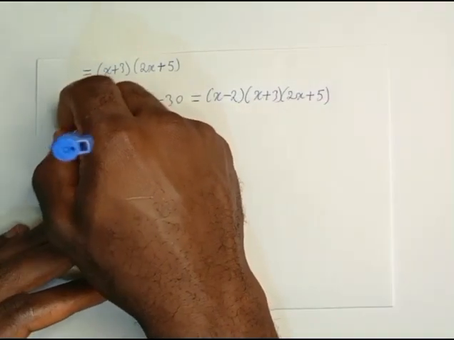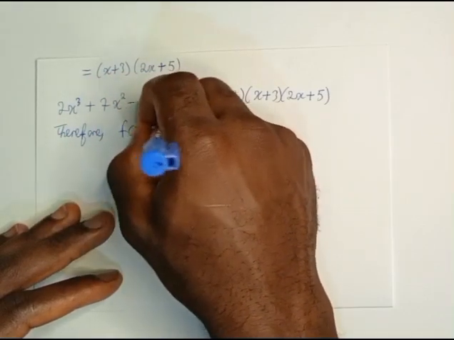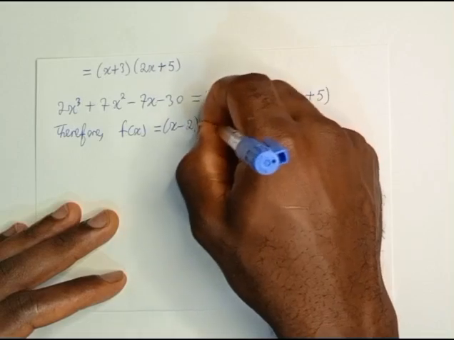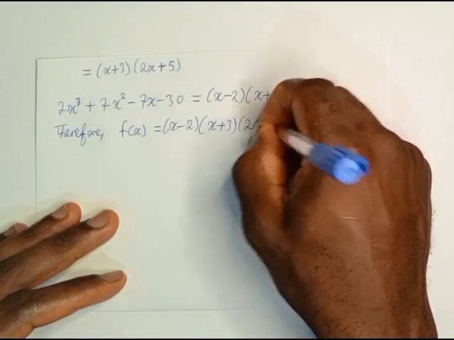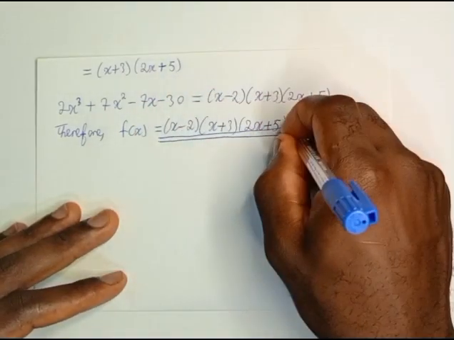Therefore, f of x is equal to x minus 2 times x plus 3 times 2x plus 5. We underline the factorized form of the polynomial.